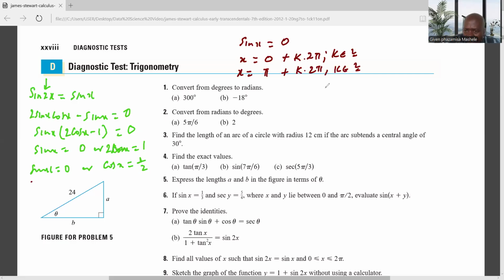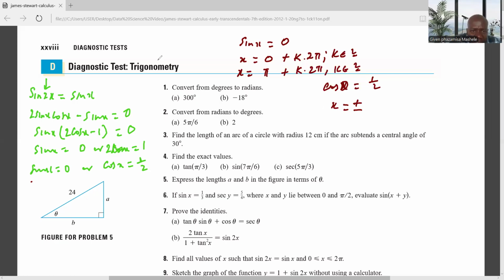Then how about cos? Cos of half. Remember, cos has how many answers? 2, plus and minus. So it's going to be the second function, cos of half. What is cos of half? I think it's 60, if I'm not mistaken, in degrees. Okay, but we need to write it. 60, it's half.